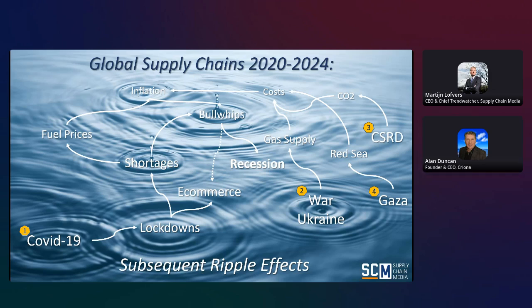So it's not all about cost. There are aspects of resilience that will allow you to offer a different proposition to your customers. And so there can be a business case. There can be a CSR case. There can be an environmental business case for some of the moves as well.